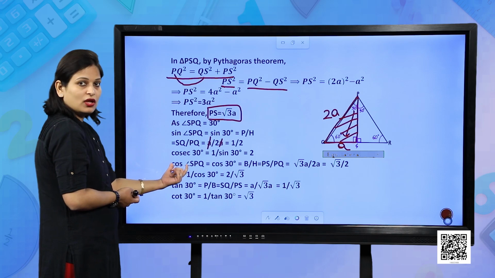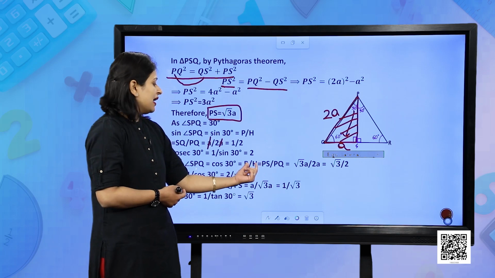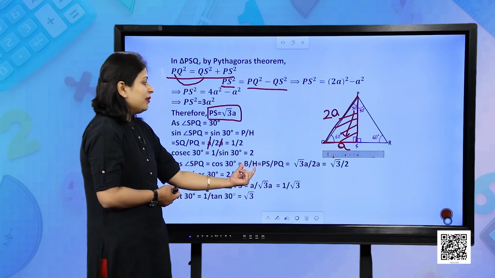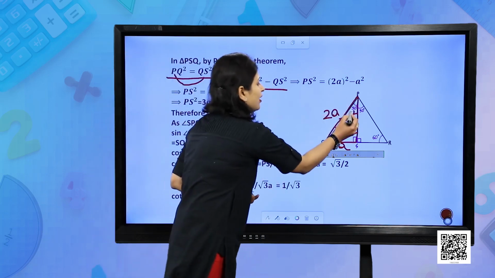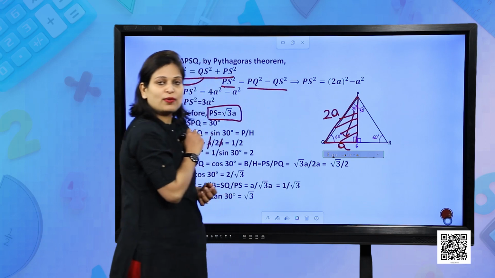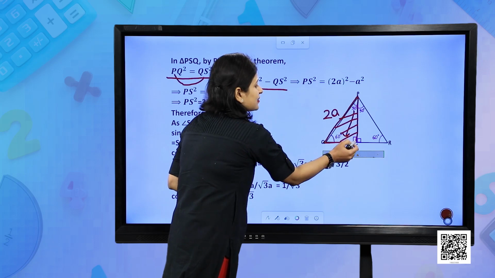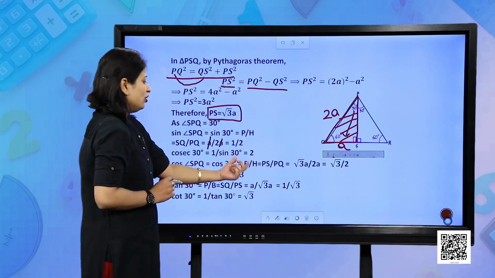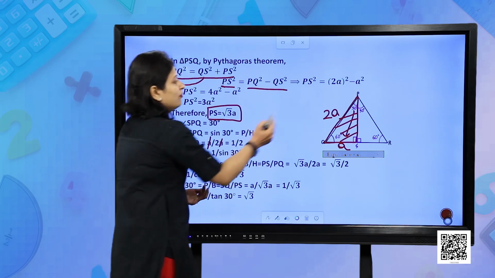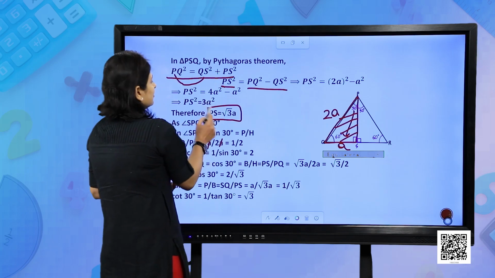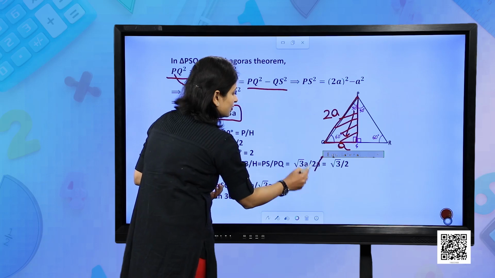For cos 30 degrees, according to the definition of cos function, base upon hypotenuse. What will be the base with respect to angle SPQ? Base will be PS upon hypotenuse, and hypotenuse is PQ. Simply substitute the value. We have just found the value of PS as root 3A. So, root 3A divided by 2A, what will you get?